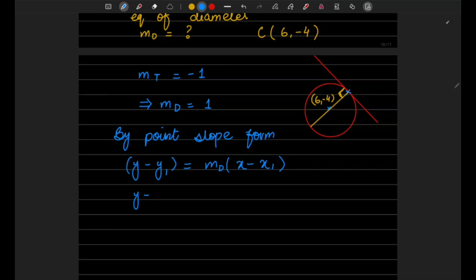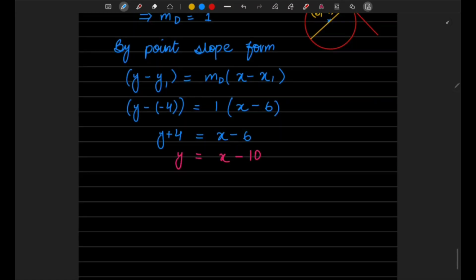So y minus minus 4 equals 1 times (x minus 6). So y plus 4 equals x minus 6, so y equals x minus 10. So this is the equation of your diameter.